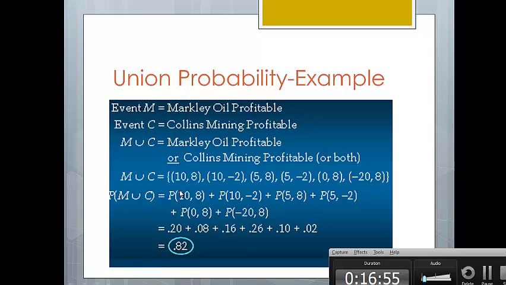And we can add all of those up, so that would be 0.82. So we're adding up all of the events within the sample space that has either a positive in the first note, a positive in the second note, or a positive in both notes. Okay, and we're going to come up with 82% there.